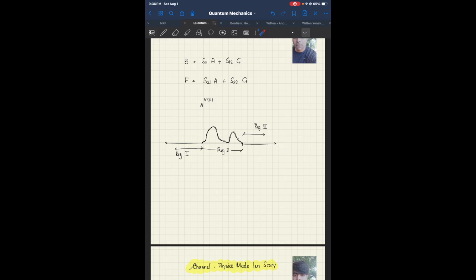So e to the power ikx, the solution that I wrote before, is basically a wave moving towards the right, and b e to the power minus ikx is a wave moving towards the left.